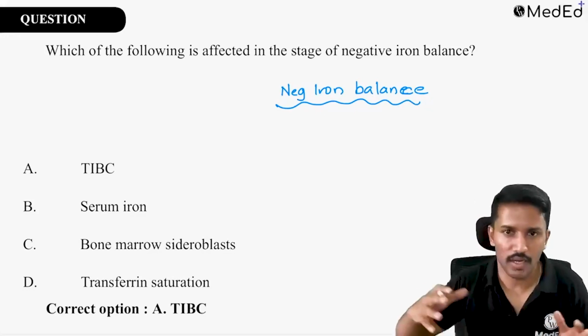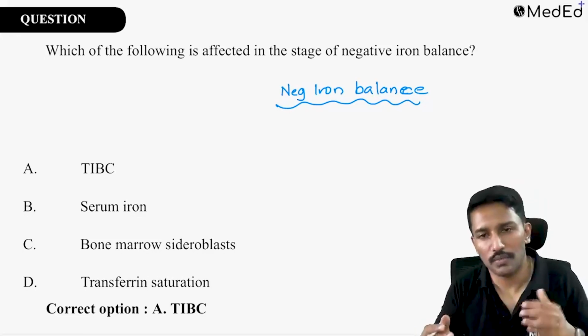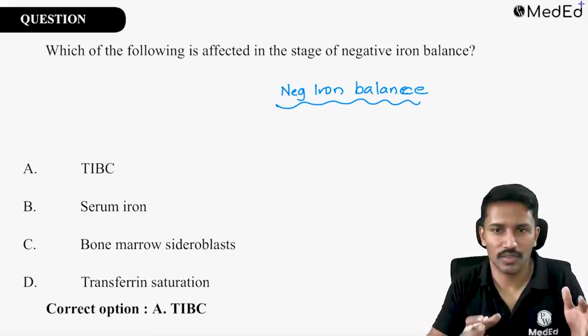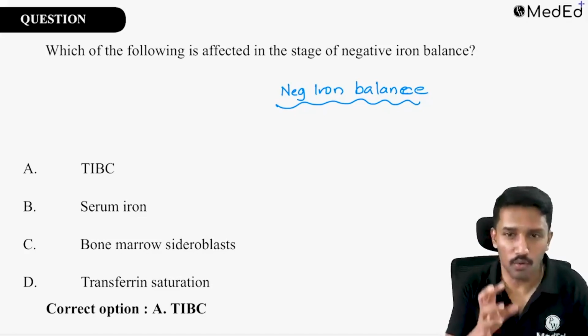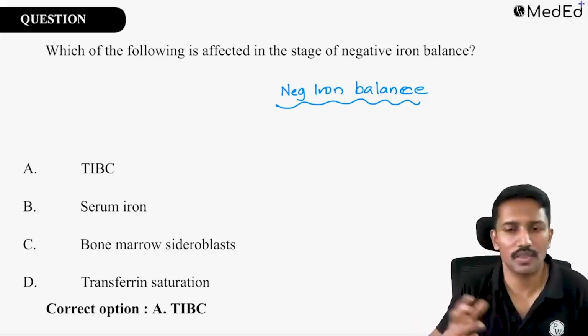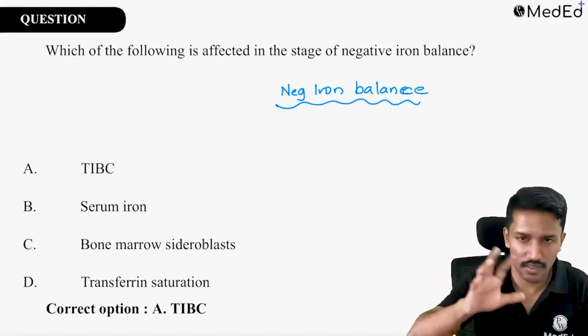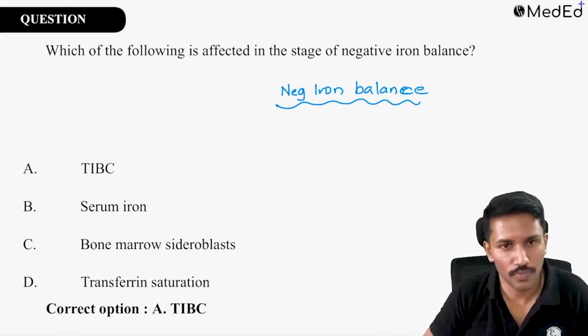The total iron binding capacity will be increasing, because the transferrin saturation represents the amount of transferrin which is bound to iron molecules, and the total iron binding capacity basically represents the amount of free transferrin which is ready to bind the iron molecules. Okay.